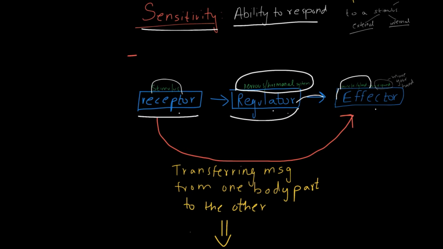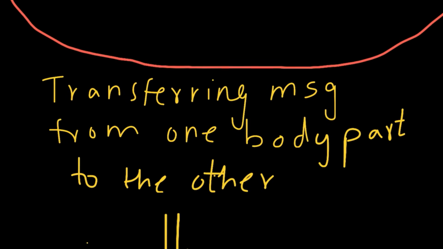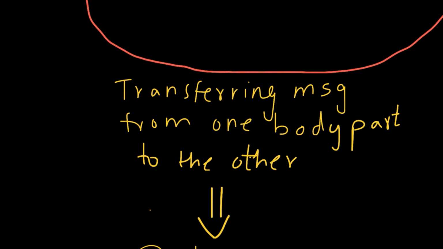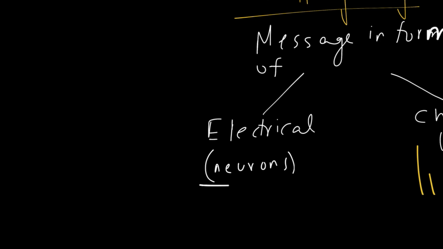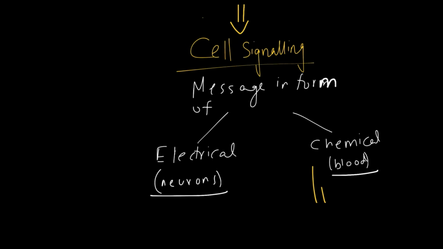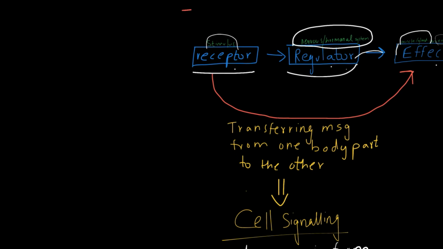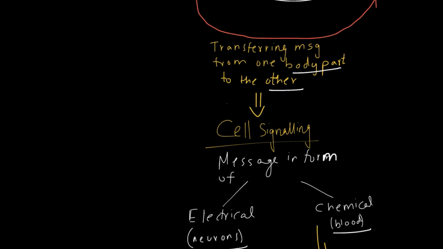Now, the definition of cell signaling is the transferring of messages, be it electrical or chemical. Electrical is through neurons and neurotransmitters, and chemical is through blood or hormones, right? The transferring of a message from one body part to another is known as cell signaling, or you can also say the transmission of a message from one part of the body to other specific cells of the body is known as cell signaling.